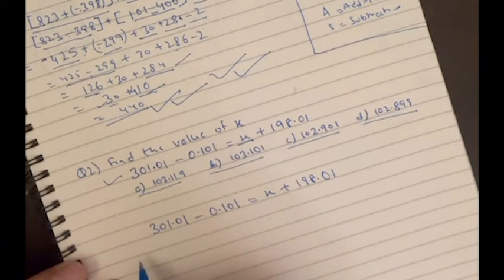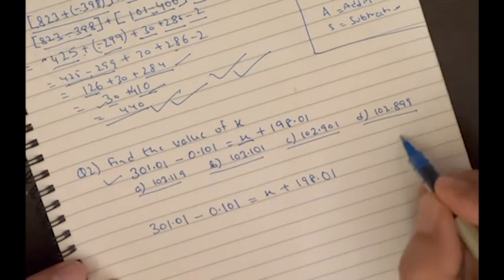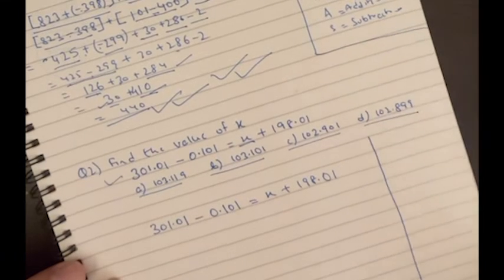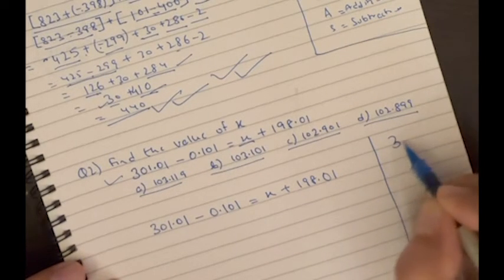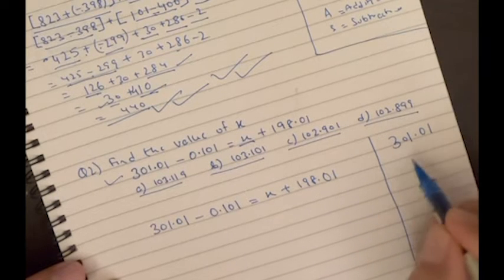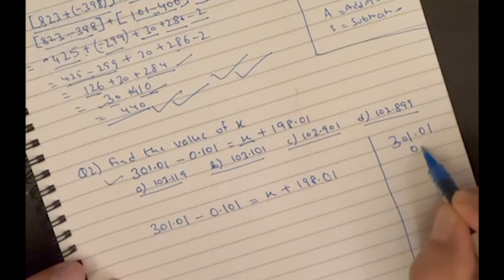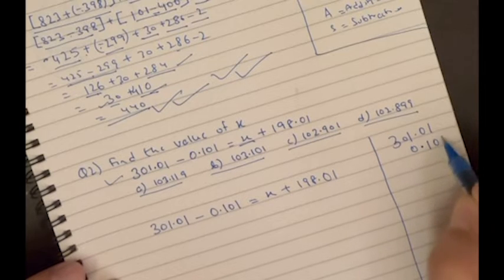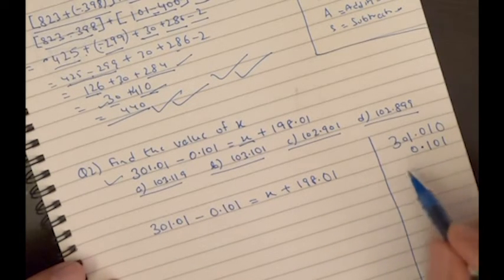So we will do basic maths here. And I will create this rough space for ourselves. 301.01 minus 0.101. Let's assume this is 0 here.